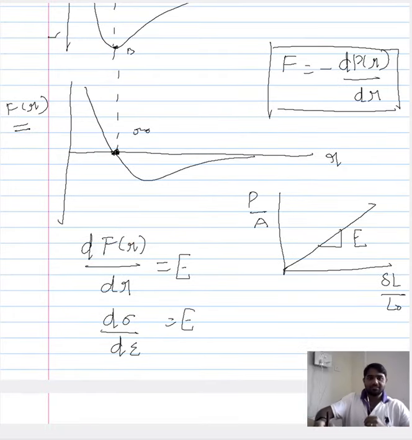Now this is our r naught, which corresponds to the absolute zero state, the equilibrium position of the atom. When the distance between the atoms increases from r naught, which is possible when you increase the temperature, you would see that the slope at the new position, say r1, will be less than the slope at r naught.